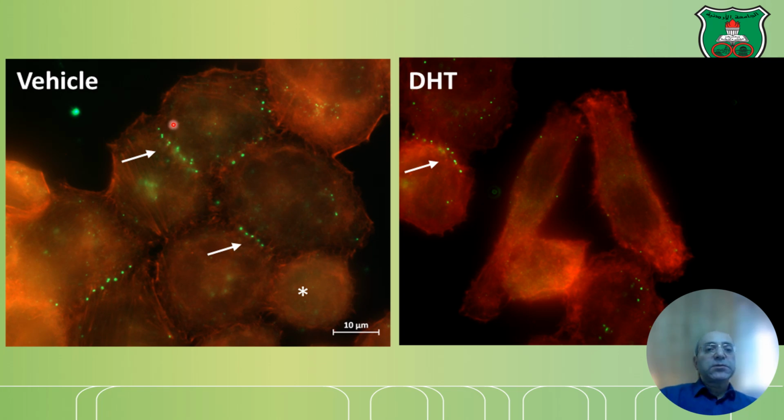When we took these cells and treated them with the hormone dihydrotestosterone, the cells became mesenchymal-like. They became elongated. They were able to move. They become motile, and again, there are no desmosomes. It's gone, and it's not organized anymore in these elongated cells.